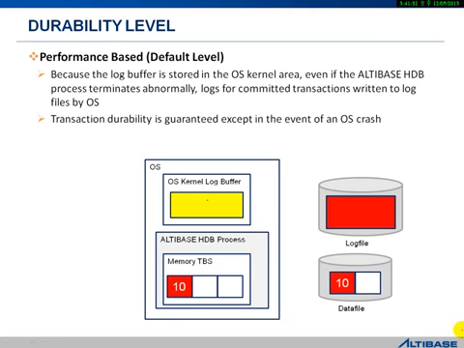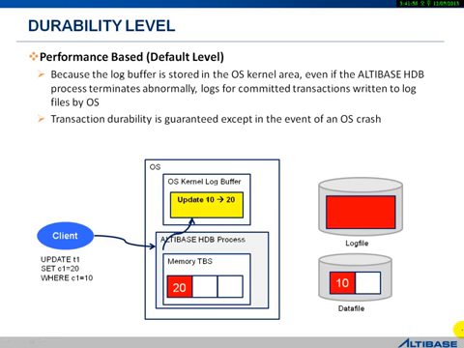The diagram is an example of how durability is guaranteed, which is quite similar to the situation I've shown previously. The client wants to change the value of C1 from 10 to 20. Then the log is firstly recorded into the log buffer. Then the value 10 is changed to 20 in memory.